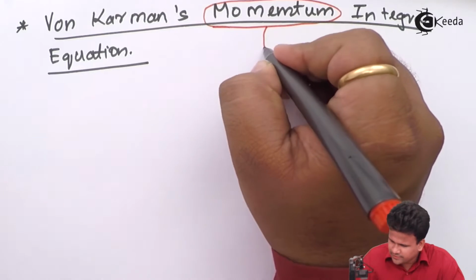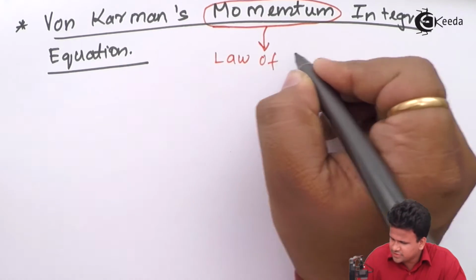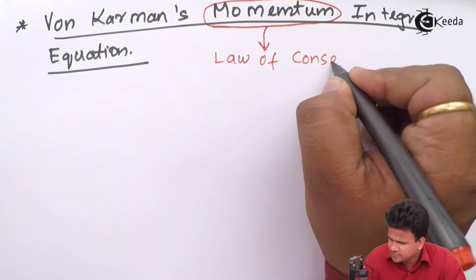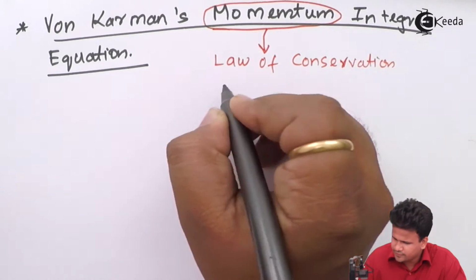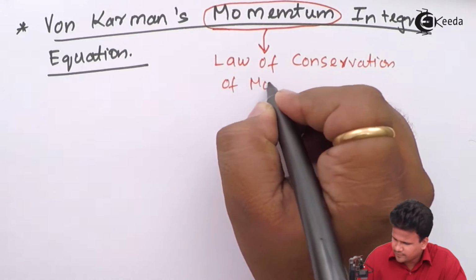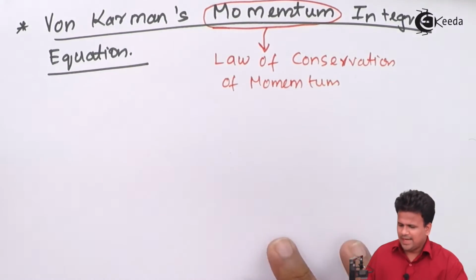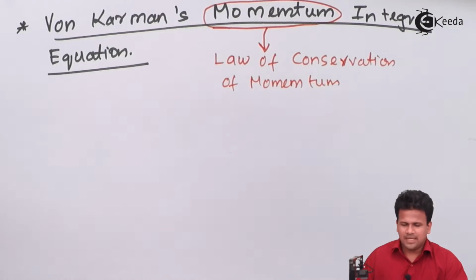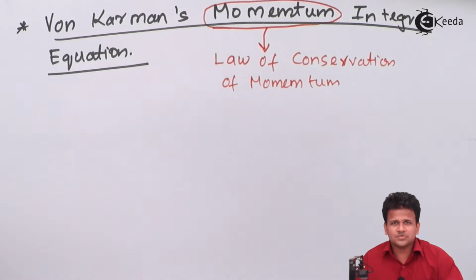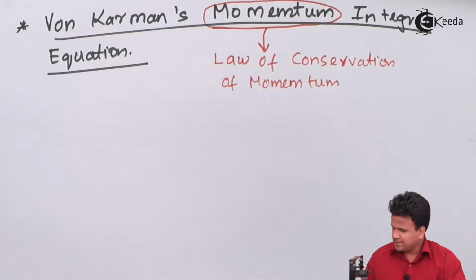So here we have to apply the law of conservation of momentum, as well as an integral equation, where we have to consider the boundary layer, which can be integrated from y equals 0 to the topmost layer of the boundary layer, that will be delta.